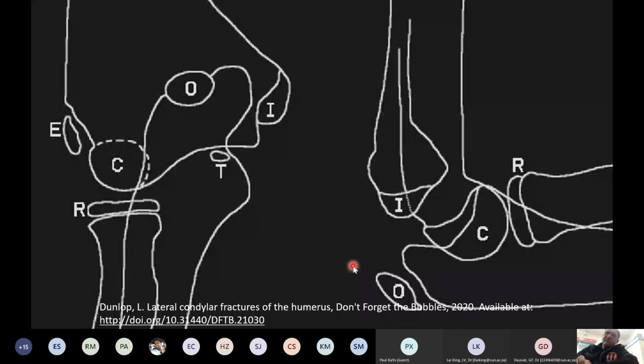The next one to develop would be the trochlea, which you can see here, followed by the olecranon, and then the external or lateral epicondyle. So in X-ray A, we can see the capitellum, the radial head, as well as the medial epicondyle, and the other three are not visible.